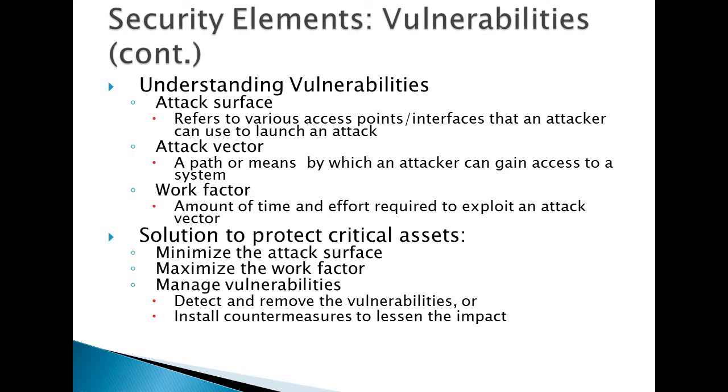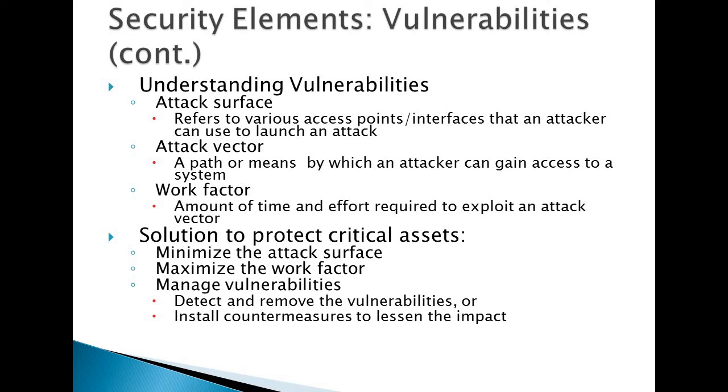So we need to understand vulnerabilities. Understanding vulnerabilities includes certain terminologies. We need to understand what is attack surface, attack vector, and work factor. Now, what is attack surface? Any access point or interface that an attacker can use to launch an attack is called the attack surface.